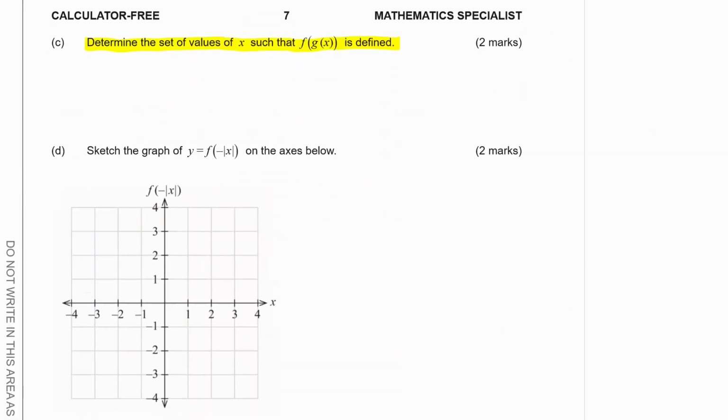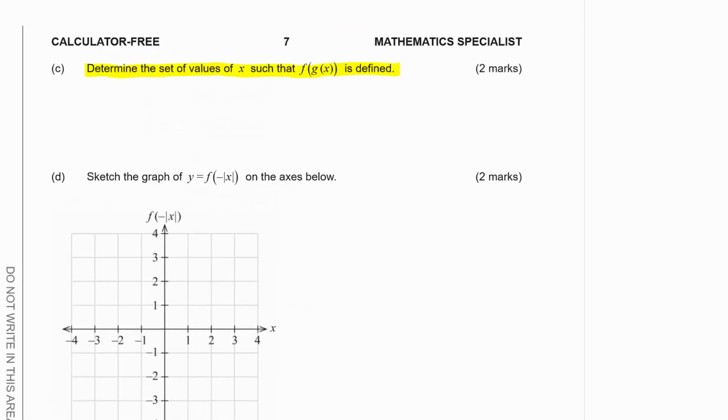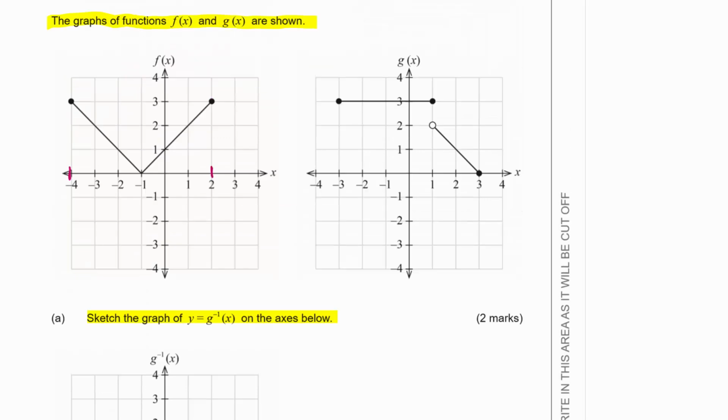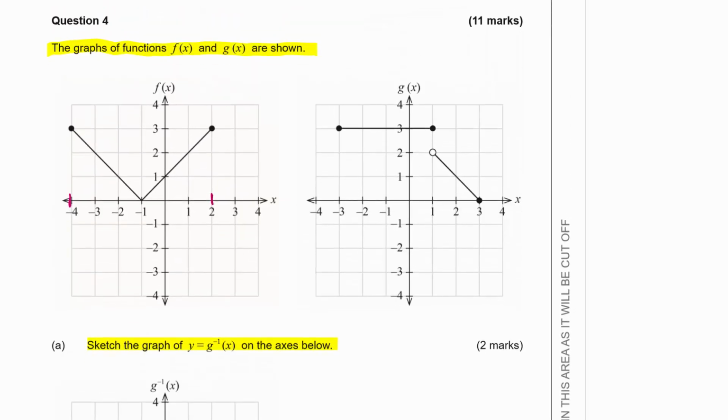Okay, and finally, oh no, it's not finally, there's a part E as well. Okay, sketch the graph of y equals f of negative mod x on the axes below. So I'm going to do it up here. So we know that if we have f of mod x, then we take what's to the right of the y-axis and reflect it over onto the left, ignoring what's on the left.